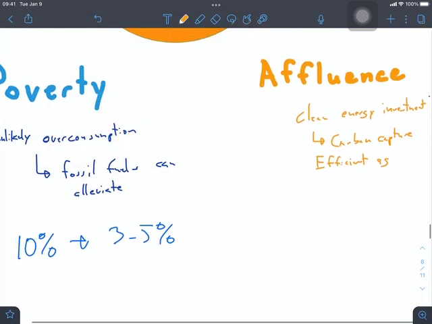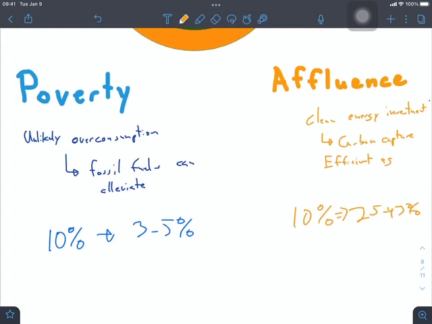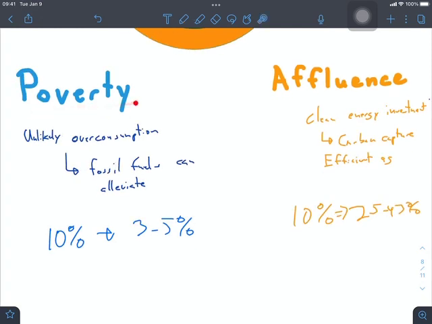Whereas when we look at the top 10% of income earners in our planet, we see that they're responsible for something like 25 to 43% of our overall carbon footprint. So poverty, not something we want to stay in, but doesn't have a large footprint. Affluence, something that we all aim for, but our carbon footprint is much, much, much higher.